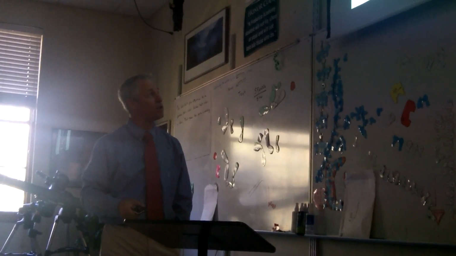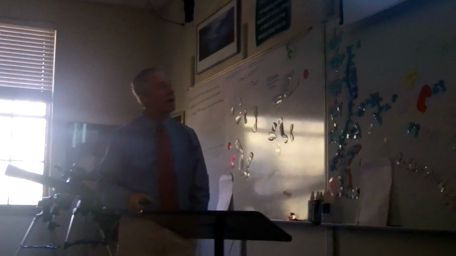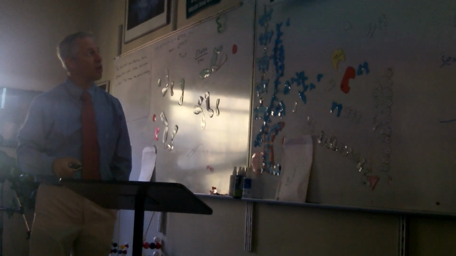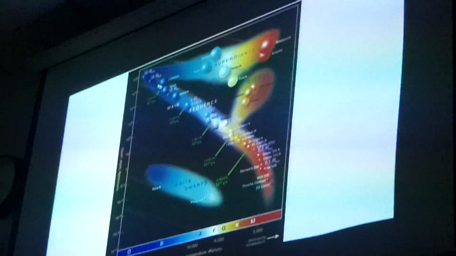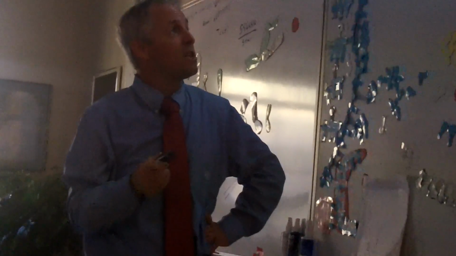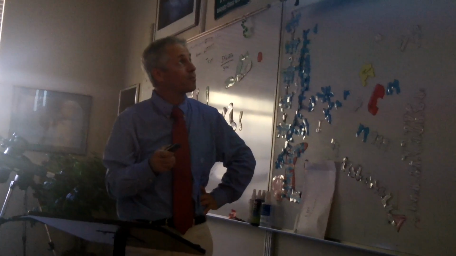This is the chart showing temperature going to the right, starting hot on the left, cold on the right, and luminosity, brightness, going up. And this is the main sequence. Stars start on this side of the chart, and they get smaller and smaller as the big gas cloud falls inward and heats up, and then fusion starts at the center, and the star is fusing hydrogen into helium.